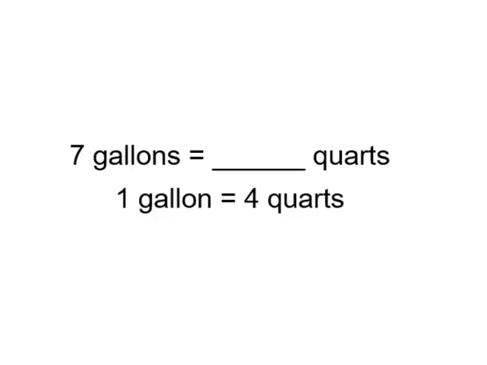7 gallons is equal to how many quarts? In order to convert, we need to use 1 gallon is equal to 4 quarts.